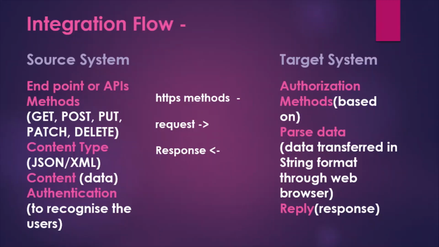And based on the method, like if any record has to be fetched, we'll define that in GET APIs, right? Based on that method, data has to be extracted. For example, if the source system has requested some data from the target system, first authorization has to happen, based on the method. Then the data will be fetched and passed.